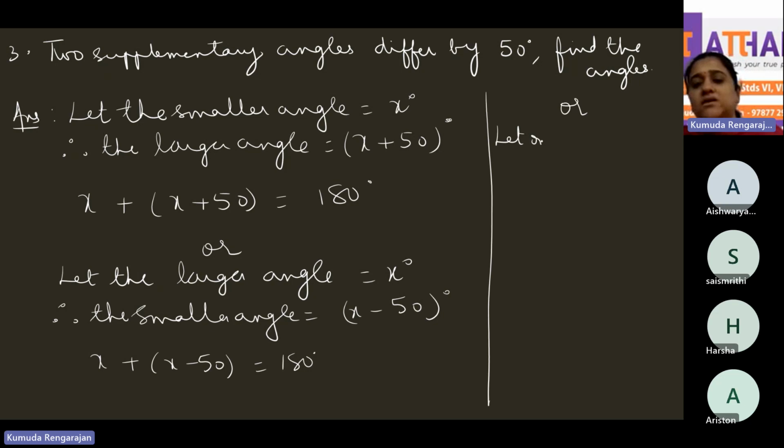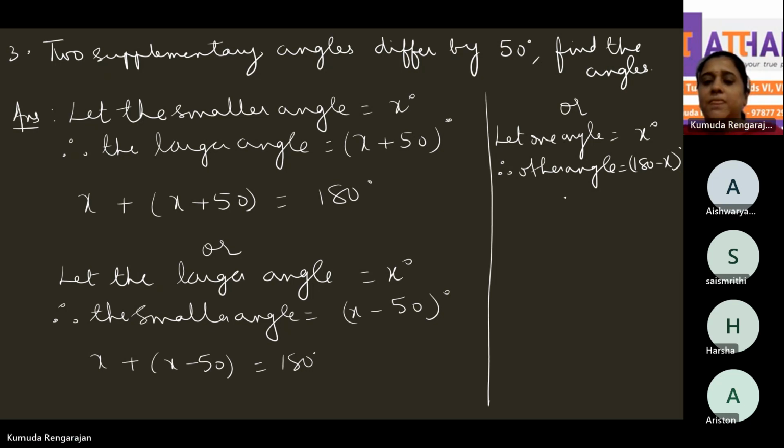Let one angle be x degrees. Therefore, the other angle is 180 minus x, because they're supplementary angles. Now they differ by 50, so x minus (180 minus x) is equal to 50. You can do it in so many ways.